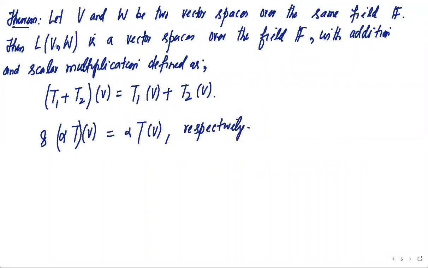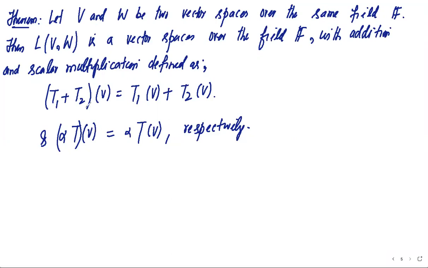Now we have this collection of all linear transformations. On this collection we will define two operations: the addition and the scalar multiplication. We define the addition by t1 plus t2 of v is equal to t1v plus t2v, and the scalar multiplication as alpha times t of v is alpha t of v.